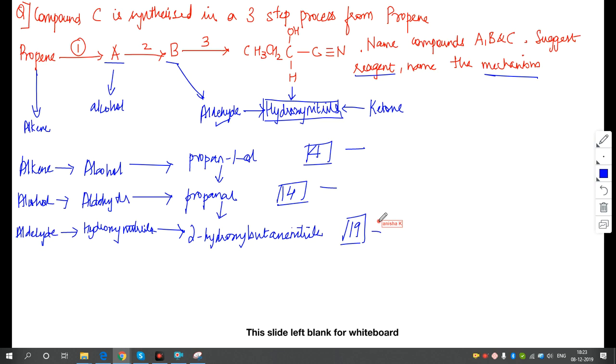Right, let me check. Number 19 is aldehyde or ketone to hydroxynitrile. So the reagent is KCN, potassium cyanide, and that's nucleophilic addition. Go from the top one: 4, 14, 19. Wait one sec.